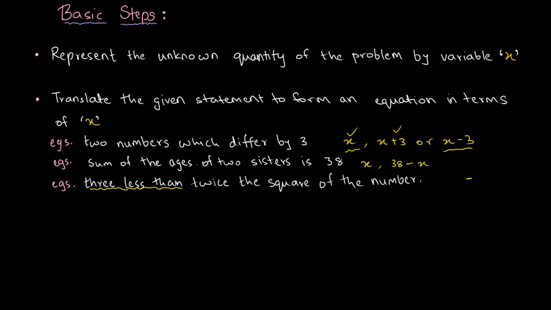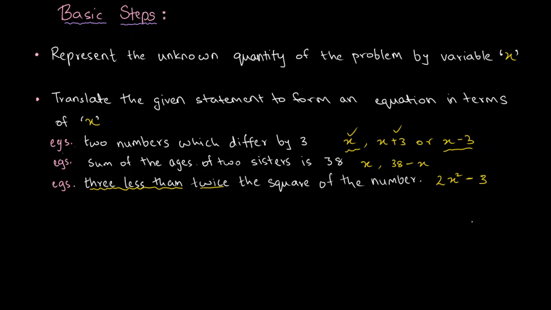So you need to subtract 3 from some value. From which value exactly? Twice the square of the number. The word twice means it has to be something multiplied by 2. Square of the number: let the number be x, so the square of the number becomes x squared. So twice the square of the number, 3 less than that, so minus 3.